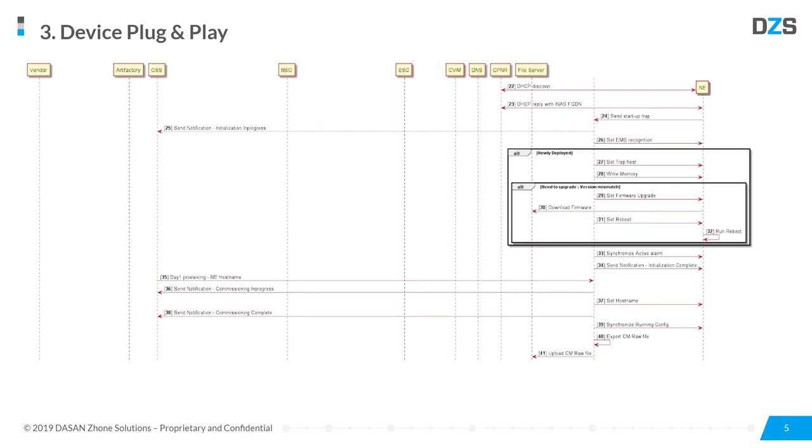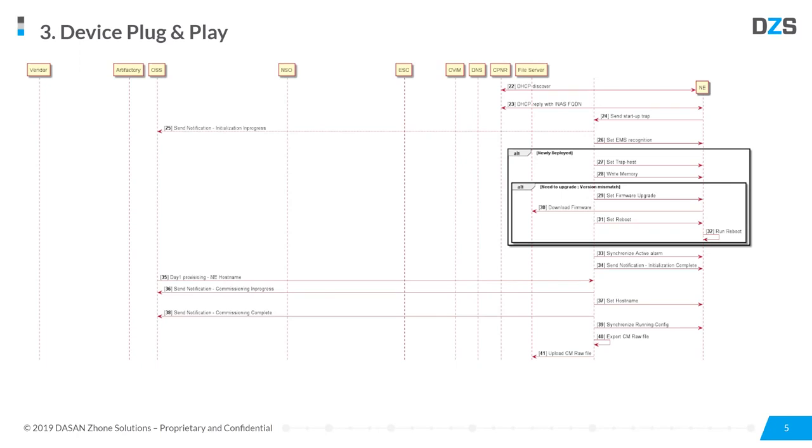But if the version is mismatched, meaning not the same, the INAS will upgrade the firmware of the flow switch. INAS lets the flow switch download the firmware, and the flow switch will download the firmware from the FTP server by itself. And the upgrade is done.